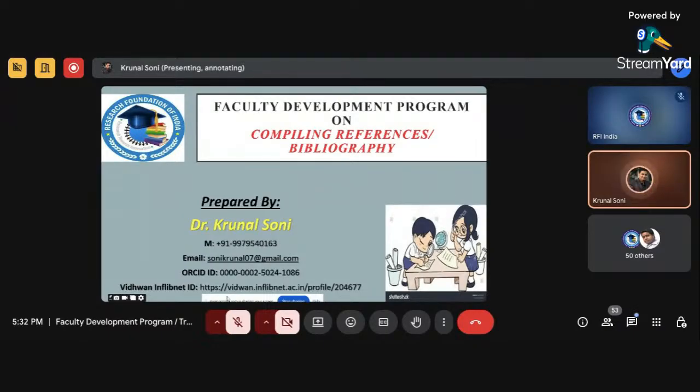Out of all these discussion points, we also touched upon one particular process as part of a systematic way of writing a research paper: the literature review that we have to do for the research. I also informed you in the first session of this FDP, on problem identification and research gap.